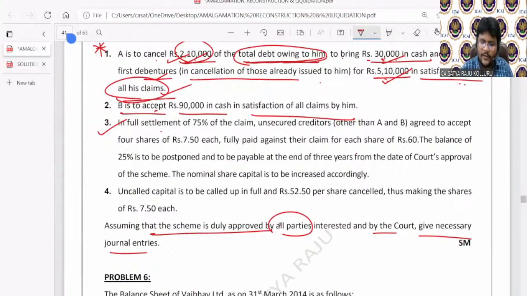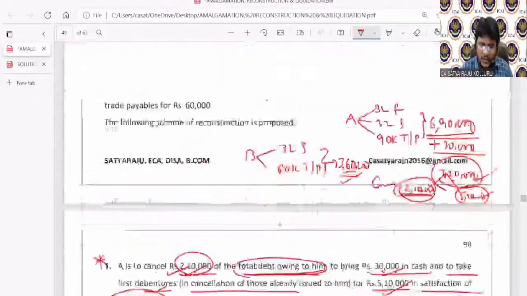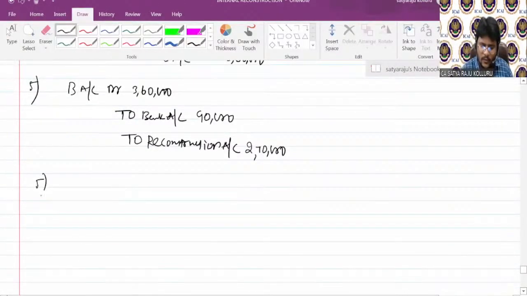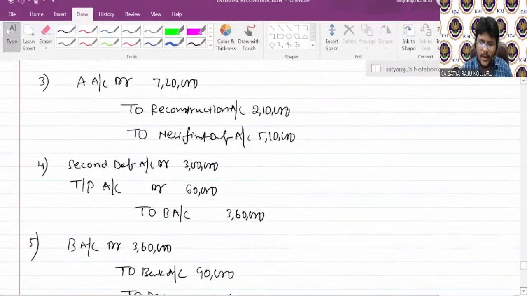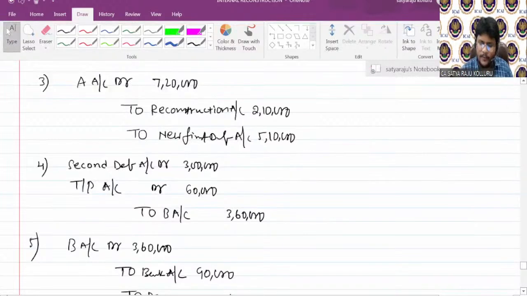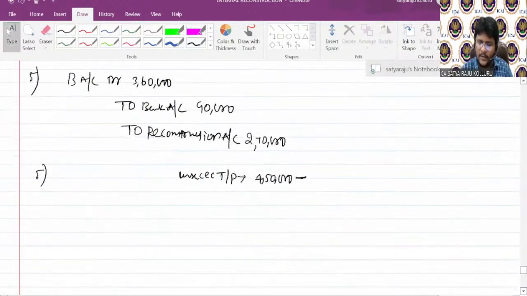In full settlement of 75% of the claim of the unsecured creditors other than A and B. Now, if you check the total unsecured creditors, that is unsecured trade payable, it is 4,50,000. Consider all of you, the total unsecured trade payable is given as 4,50,000. Now, out of such unsecured trade payable, other than A and B means A holds 90,000 and B holds 60,000.